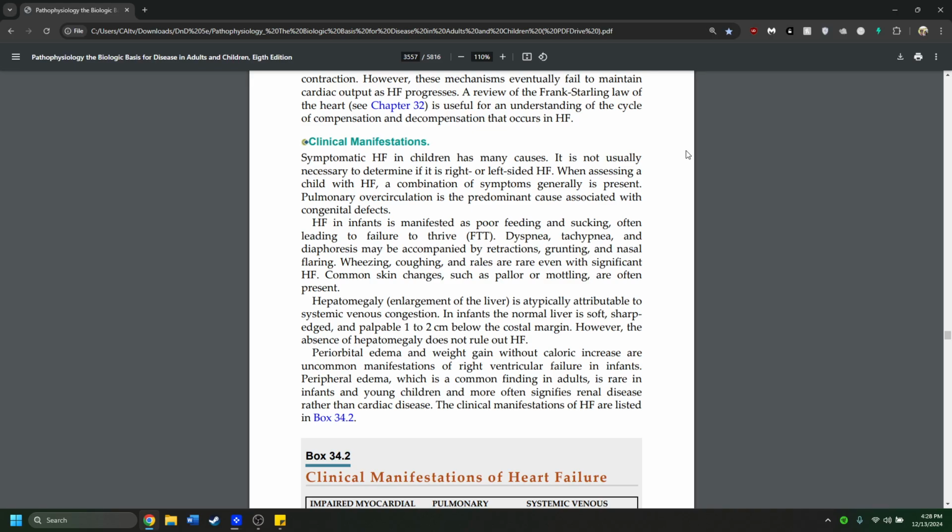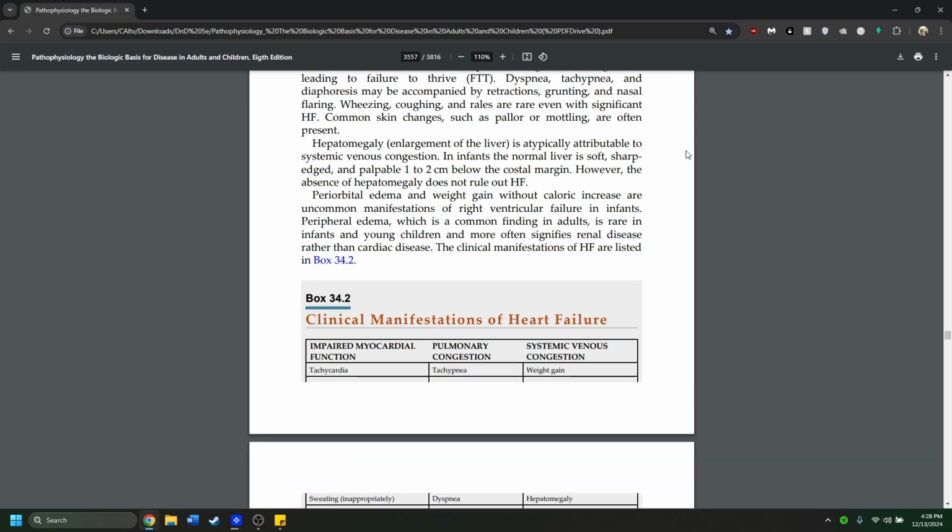Periorbital edema and weight gain without caloric increase are uncommon manifestations of right ventricular failure in infants. Peripheral edema, which is a common finding in adults, is rare in infants and young children, and more often signifies renal disease rather than cardiac disease. The clinical manifestations of heart failure are listed in box 34.2.